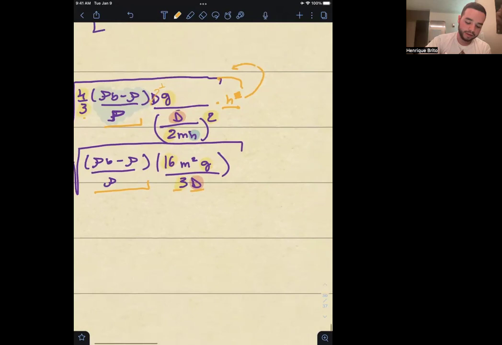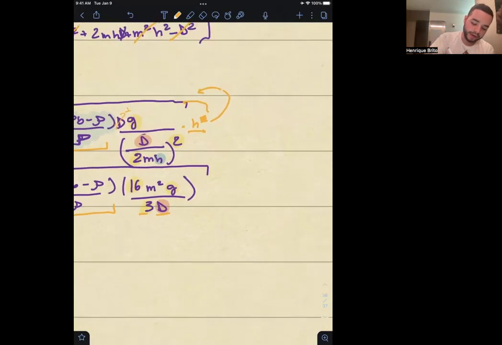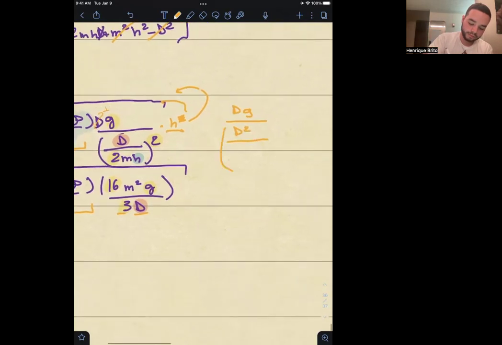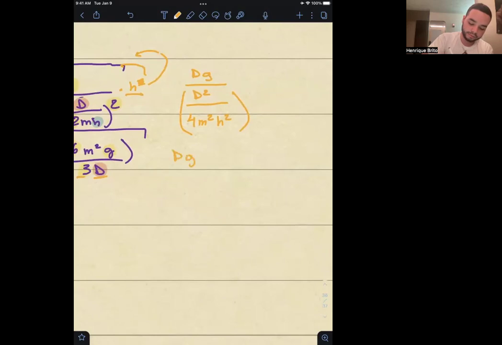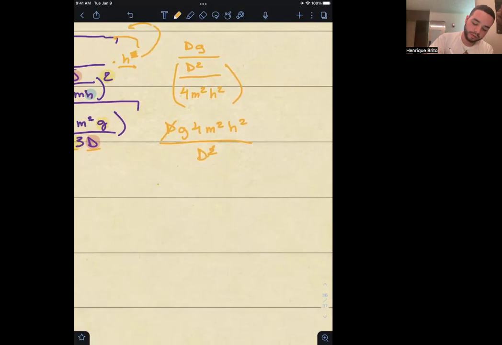Once we have squared this bottom, so we had over, okay, so this is what we had. So the way this looks is, this goes away. So we will end up with g for m squared h squared.